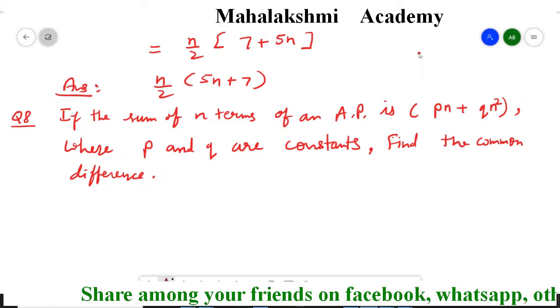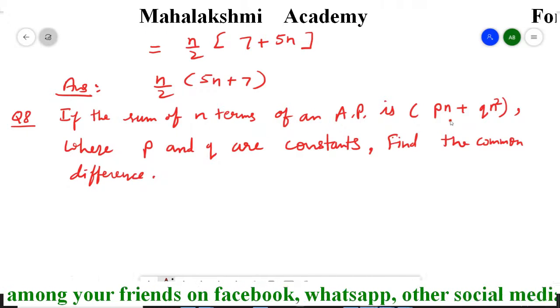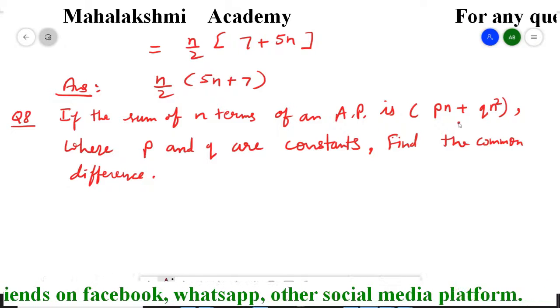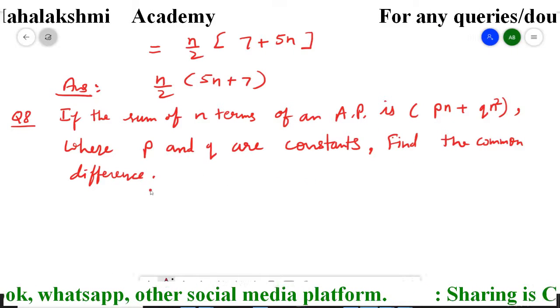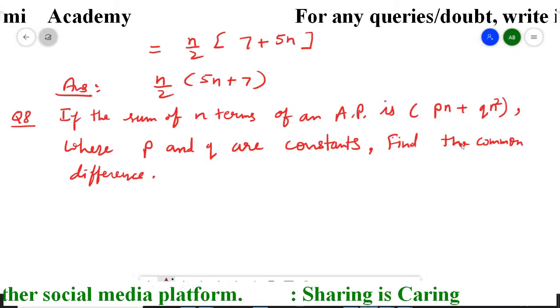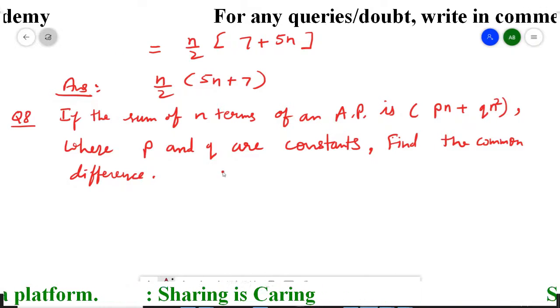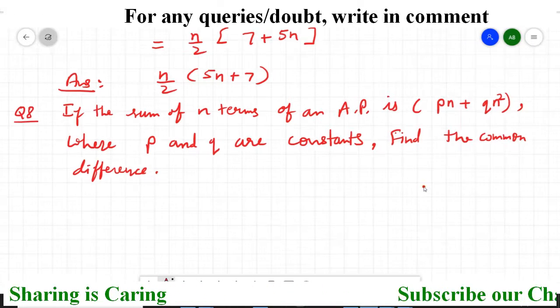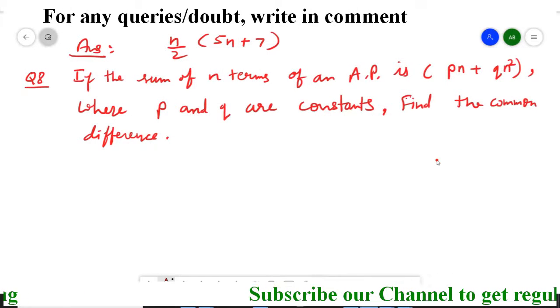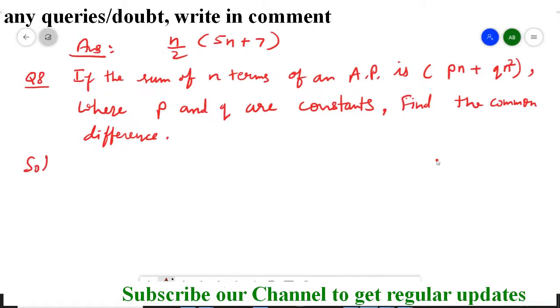So here the sum of n terms of an AP is given to us. With the help of this sum we have to calculate the common difference, and here P and Q are some constants. So we will start. Solution.